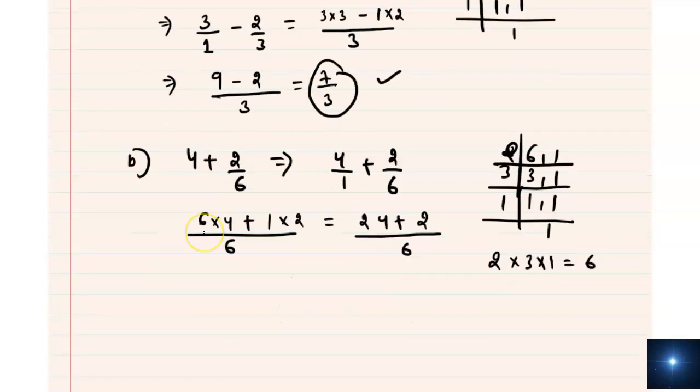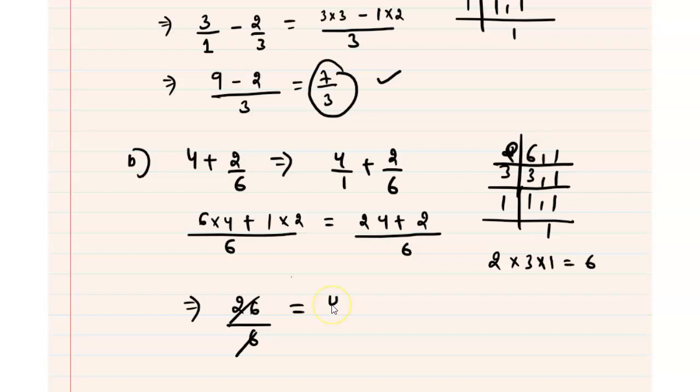Then 24 plus 2 is 26 by 6. By cancelling it, we will get 4 1 by 3. So here we have it.